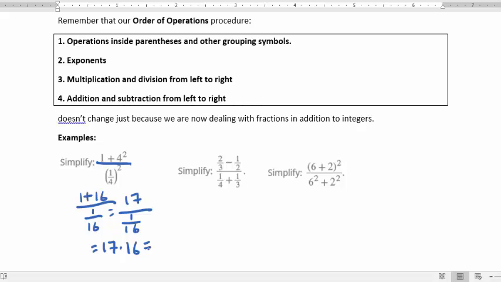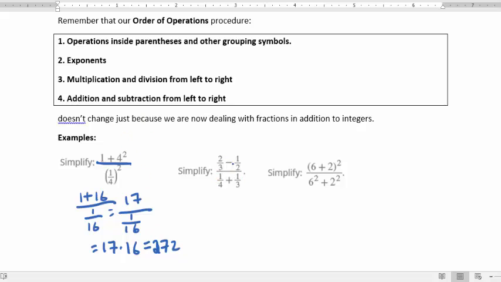It's actually 170 plus 102, 272. I hope that's correct. Yeah, I think that's correct. So that's going to be 272.